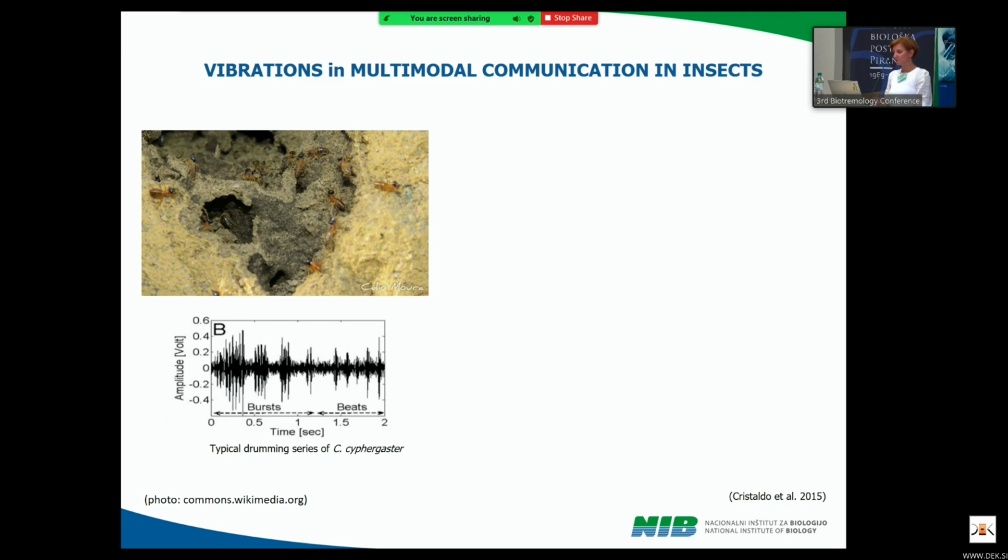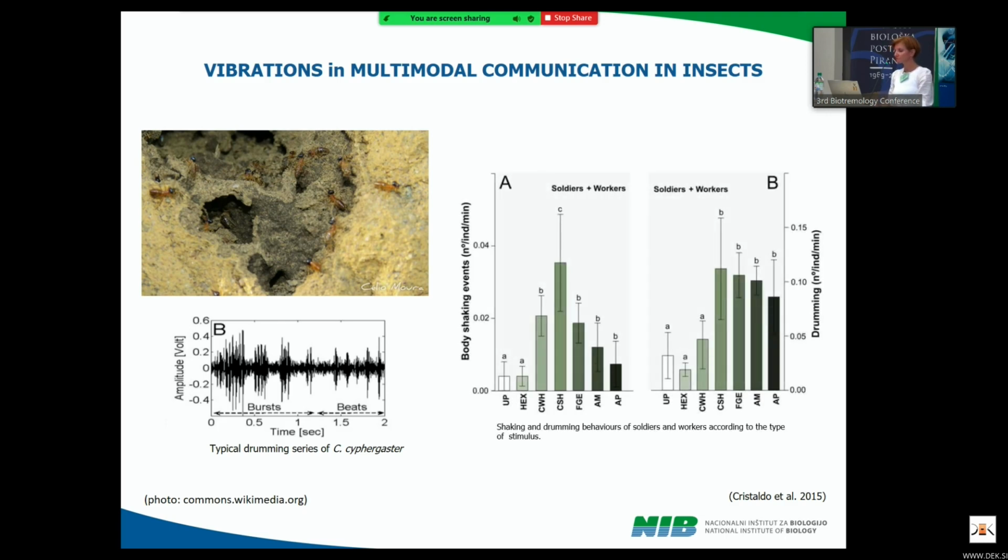As you probably all know, when they are in distress or in danger, they produce alarm pheromone, and it was observed that both soldiers and workers, when they detect the pheromone of other colony members, become more vibratory active, either in body shaking or in drumming.